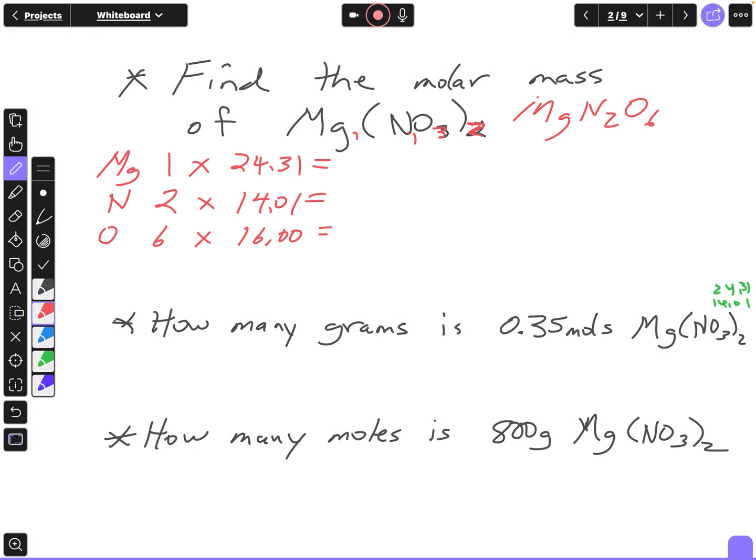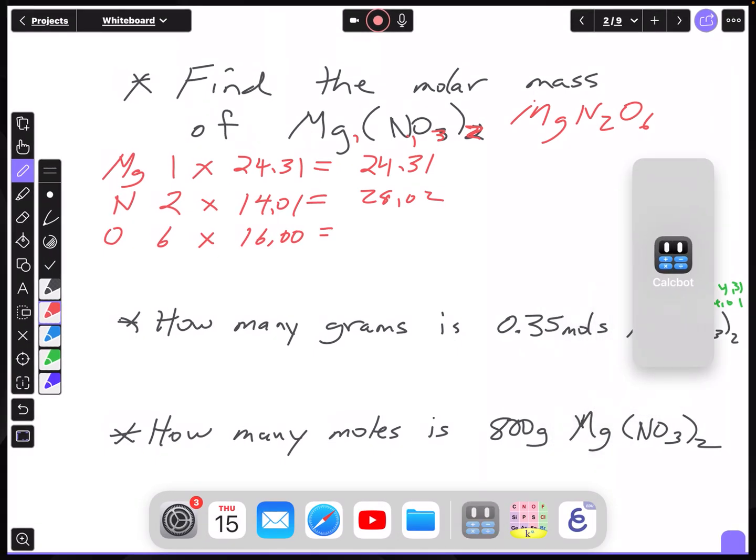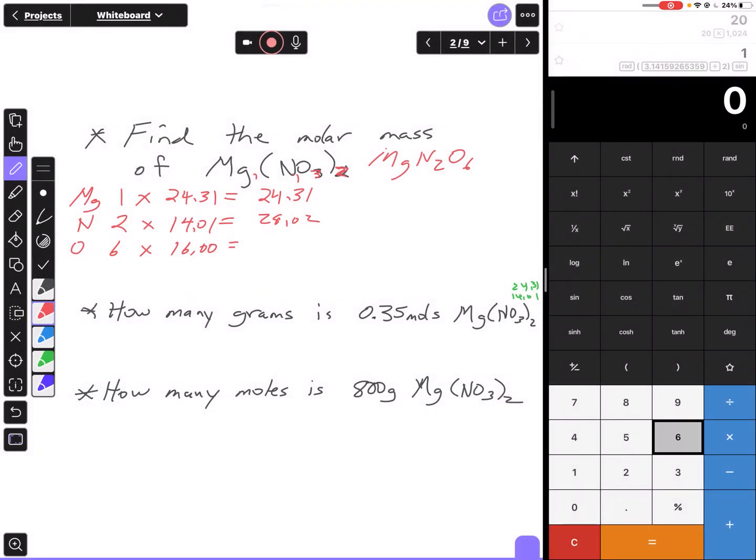So when I work all these out, 1 times 24.31 is 24.31. 2 times 14.01 would be 28.02. And then 6 times 16 equals 96.00. So I add all these together to get my total molar mass.